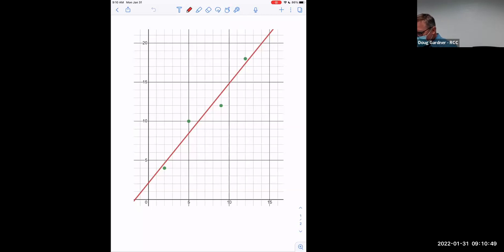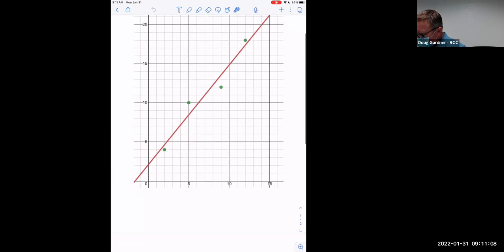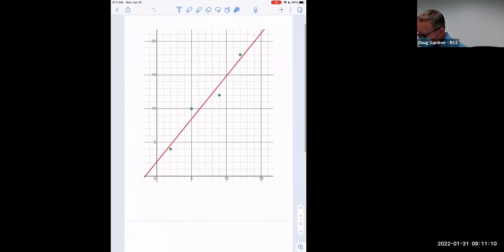Now you can see that this particular data started low and then it went high and then it was a little low and it went high. It's kind of jumping around a little bit. But if we're trying to predict the future, that line is the best that we can hope for. So again, this is very much related to probability. So I will post this after class. You can make some notes on yours too.